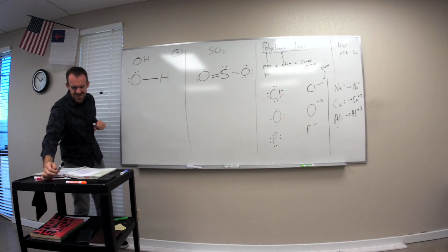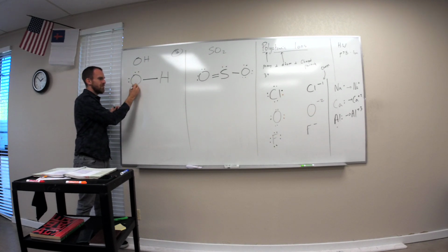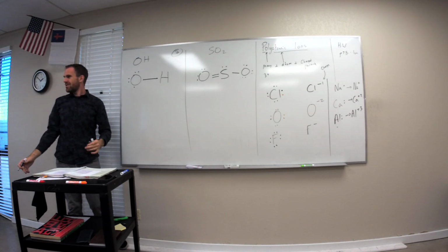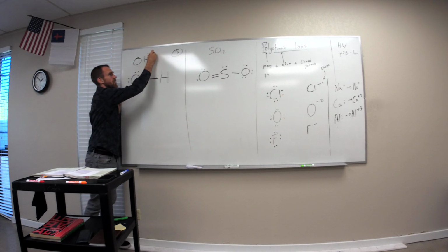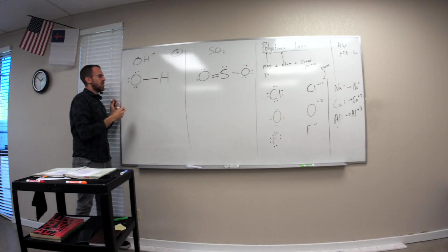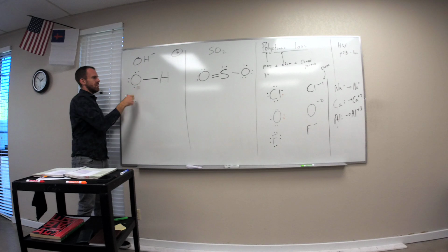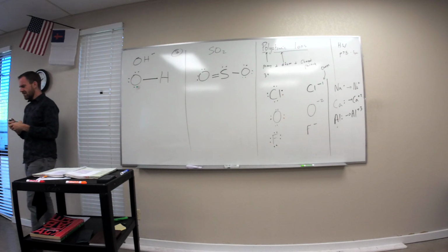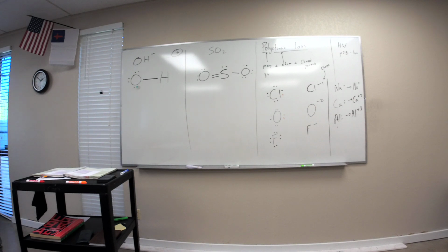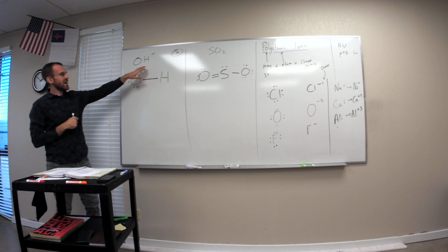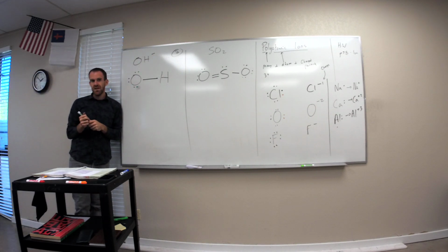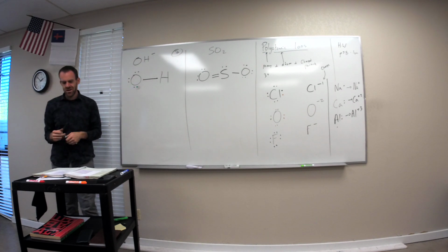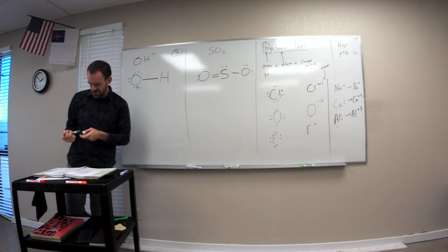But if this system gained from the outside world one more electron, then are we happy campers? Yes. And so hydroxide always takes a negative charge because it wants that one more electron to fulfill its orbitals.